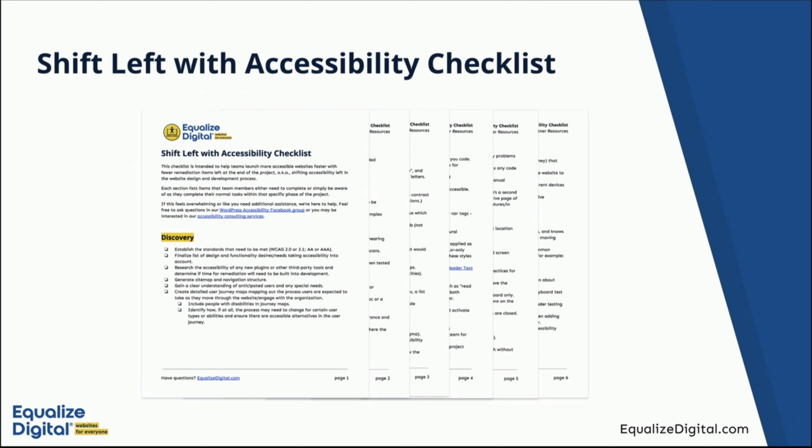So we have this free guide, and it's actually a Google Doc, so you can take it and edit it and do whatever you want with it, turn it into whatever you need, that includes all of the things we recommend for all of the different phases. And this is linked in the slides and hopefully in the resources with this video as well. So I definitely recommend, if you want more detail on this, I would go there and download this checklist.